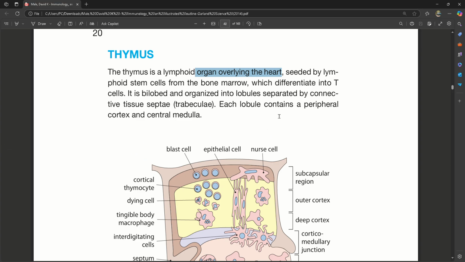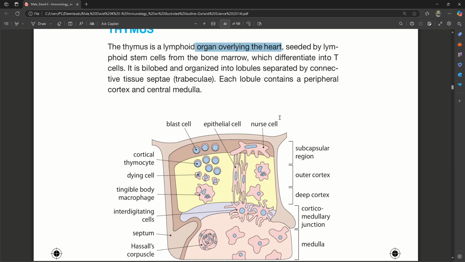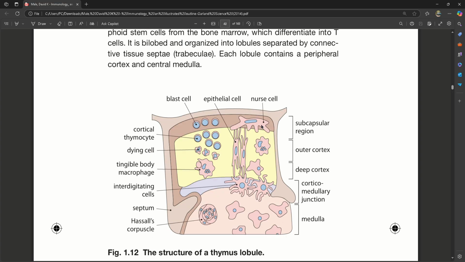Each lobule contains a peripheral cortex and central medulla. Here you can see that it has special types of cells, these cells which have cytoplasmic projections, and these are termed dendritic cells.